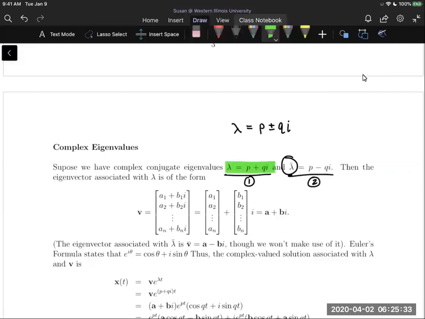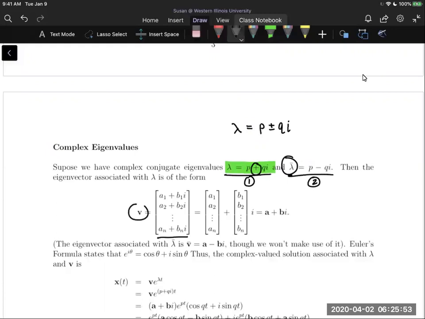Now, we're going to focus just on lambda. The reality is you can work with lambda or lambda bar, and you'll get an equivalent system. So we're going to focus on the one with the plus qi. The corresponding eigenvector is then also going to be complex.